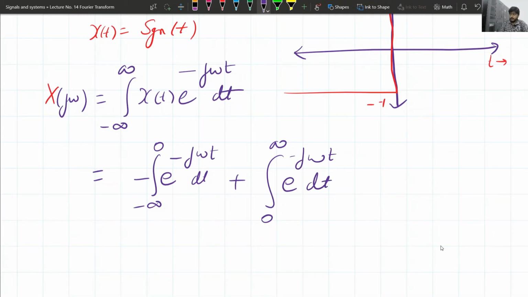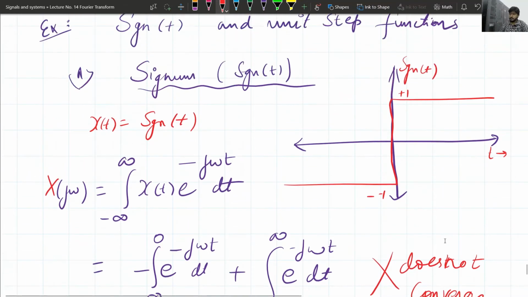As we see here, this function does not converge, or we can say we cannot find its integration. It is not integrable.